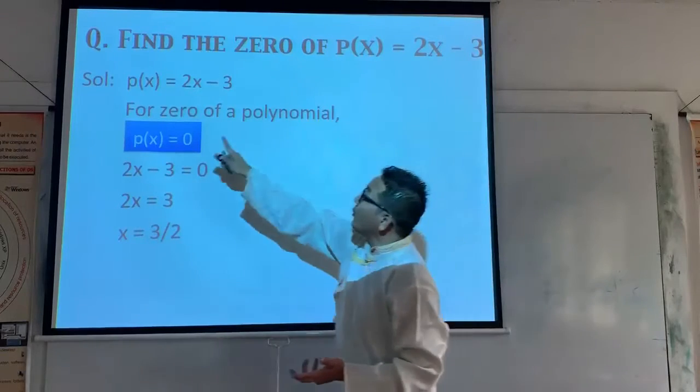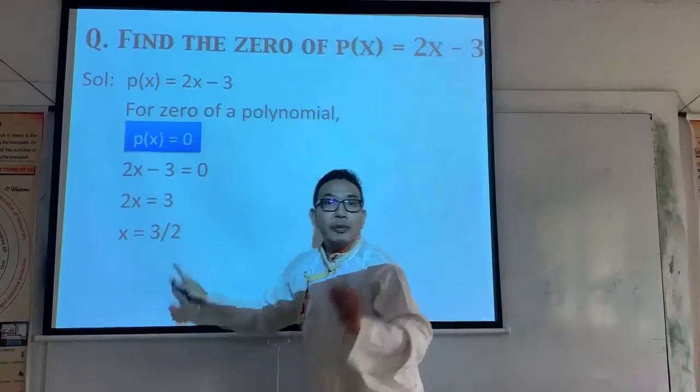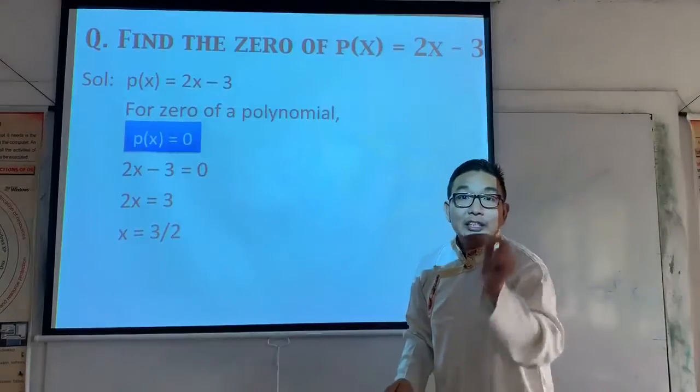So the zero of this polynomial is 3 by 2.